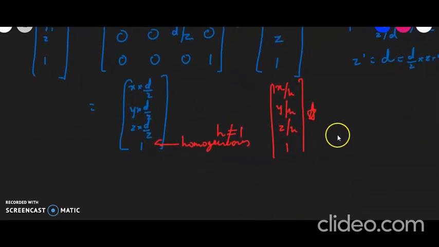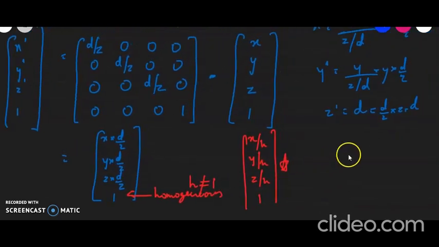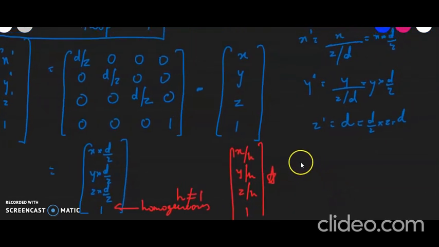I'll put this up here so that we are not supposed to change the screen. Now this is X into D by Z, Y into D by Z, Z into D by Z, and 1. Now please understand what I am going to do here. I am going to write my homogeneous value as Z upon D.